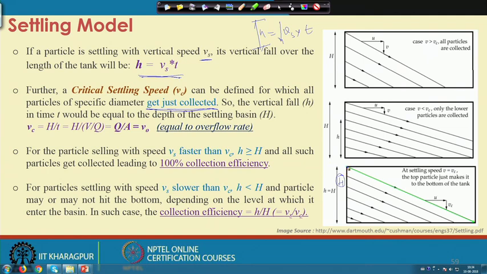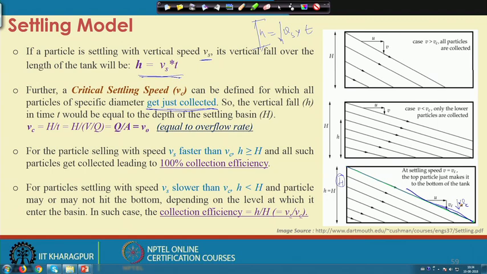So, as we were seeing earlier, this is going to be the trajectory of the particle in consideration, and the settling velocity or vertical velocity of this particle, Vc, which is the critical velocity, is the one which guides this, as it is just getting collected.